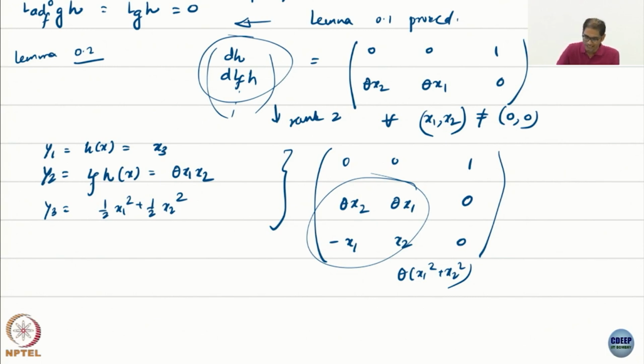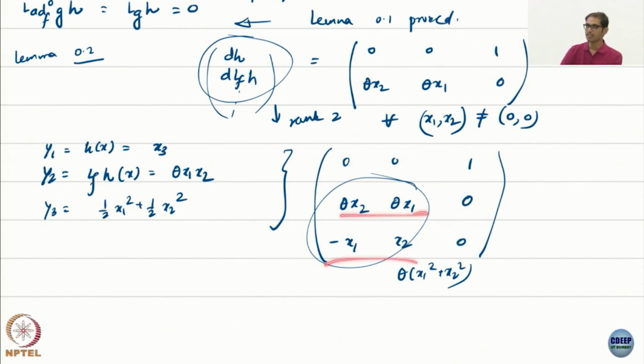I'm just playing a trick here, adding a state so that I get this diffeomorphism. That's all my aim is. Adding anything here is pointless, because I already have full rank in this.